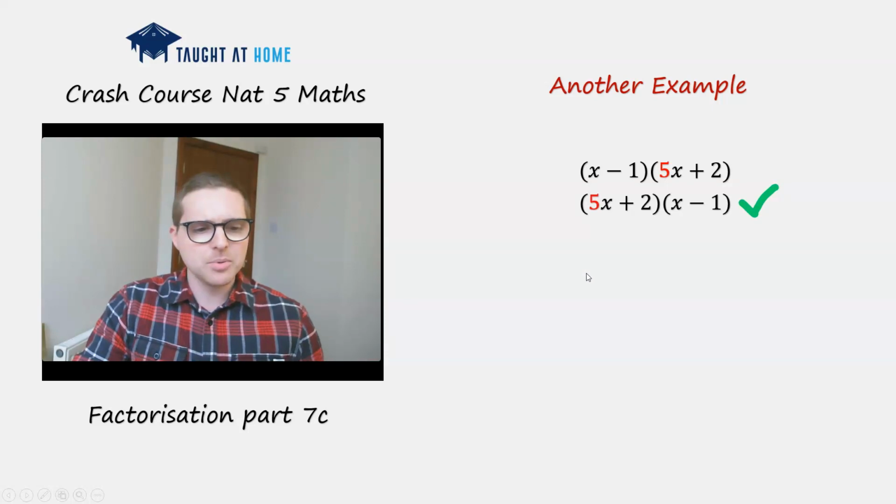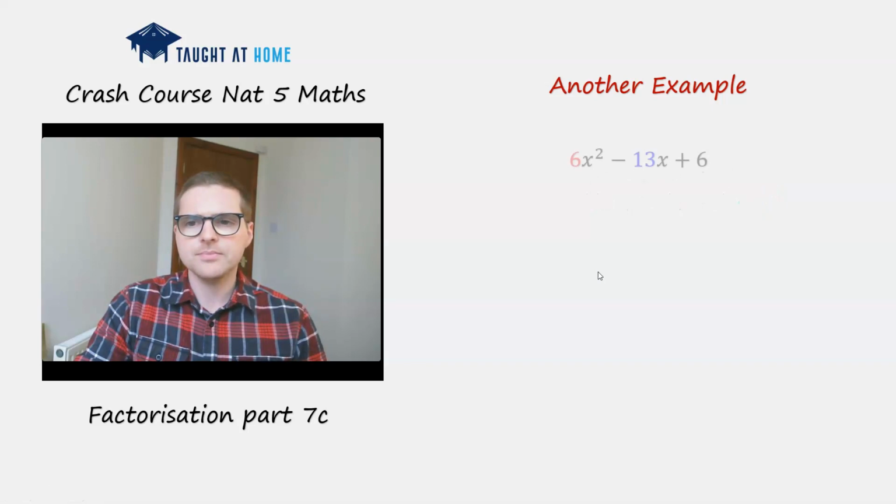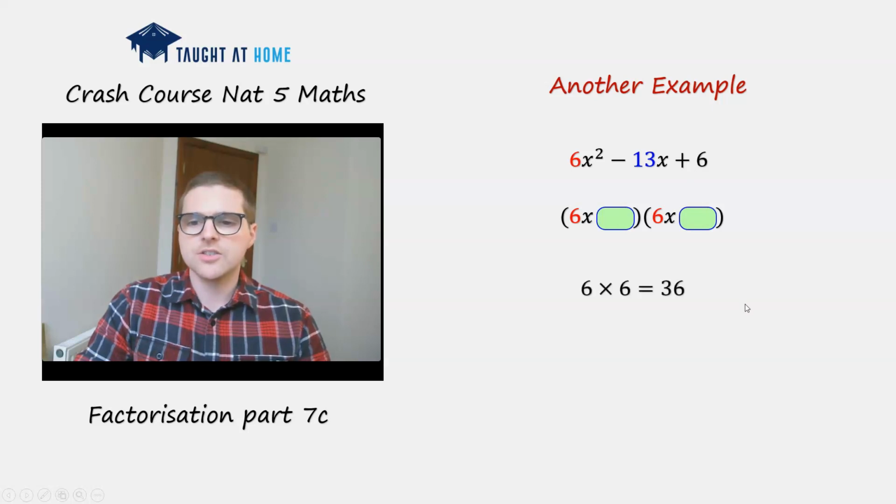Alright, I think one more example to really nail this down. 6x squared minus 13x plus 6. Now this is a bit of a tricky example, so don't worry if it's a bit confusing at first. What we're going to do is put the 6x in the two brackets like this, and multiply the 6 and the 6 together to give us 36.